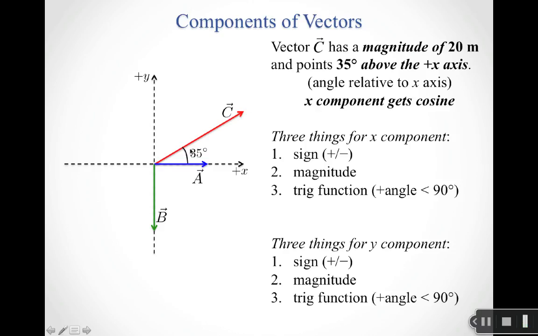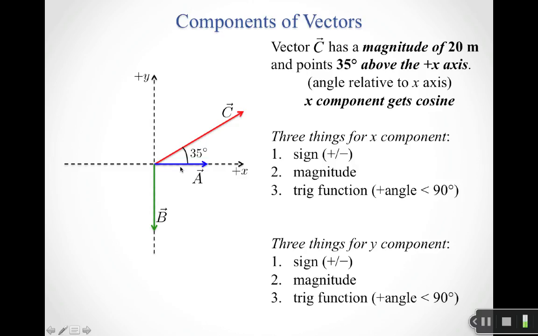The magnitude of the vector itself is the hypotenuse of the right triangle made by the x component and y component. So the x component drawn out, the y component drawn out, and the vector itself make a right triangle. The x component is going to get the cosine because it's the adjacent side to this angle, since we've defined it relative to the x-axis.